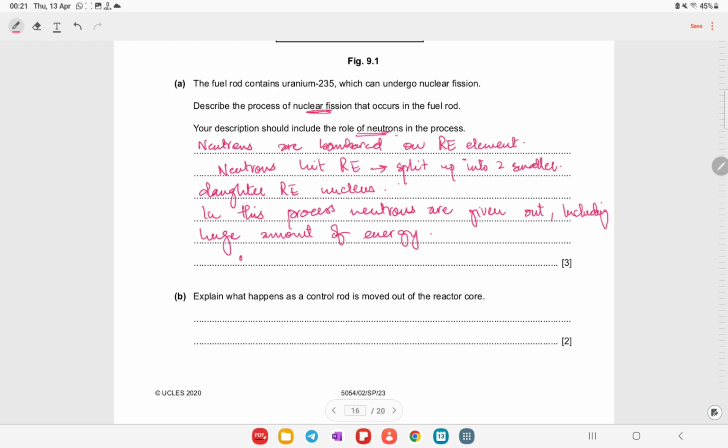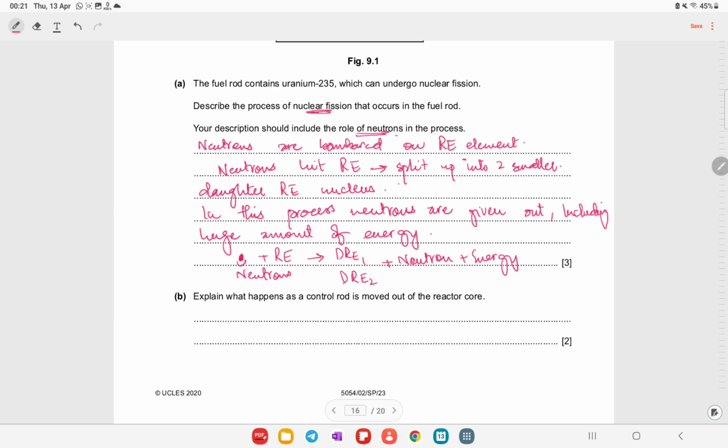So you can also write it down that these are the neutrons plus radioactive elements. So it's going to be daughter radioactive element 1, daughter radioactive element 2, plus neutrons and plus energy, huge amount of energy. So you can label them as well, neutrons.